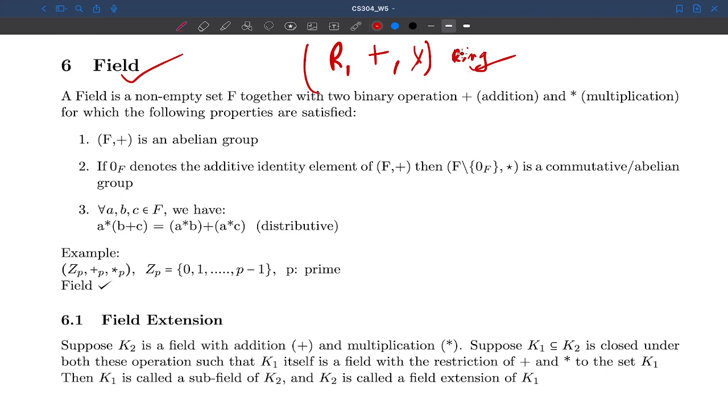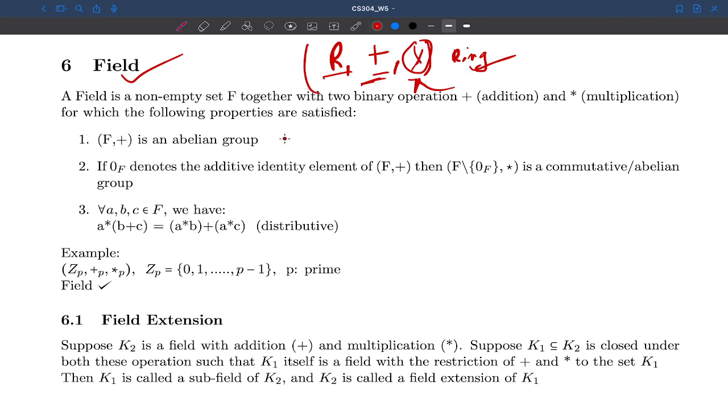But if there were some different two operators, star 1 and star 2, it may be possible that it is forming a ring but not forming a field, because of two or more elements apart from the identity element of the first operator which are not invertible. But here, the only thing that is stopping the multiplication operator from forming a group with R is the 0 additive identity. So if we remove that, then that is also a group.